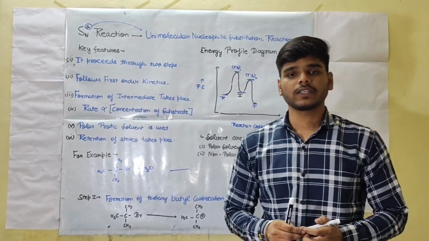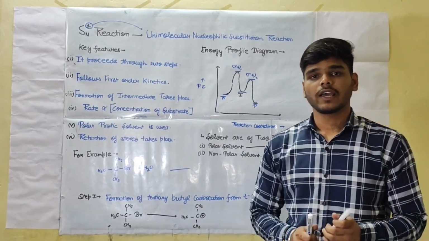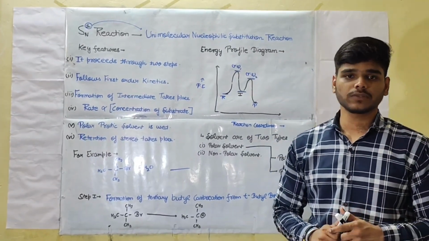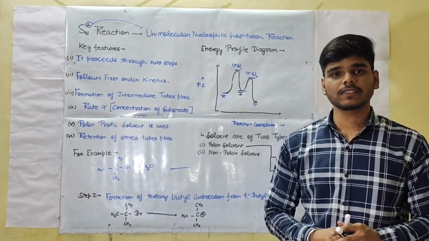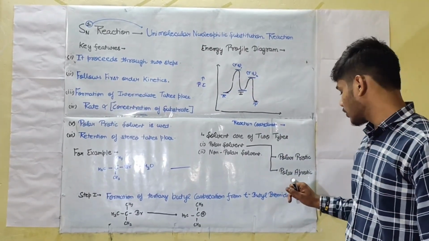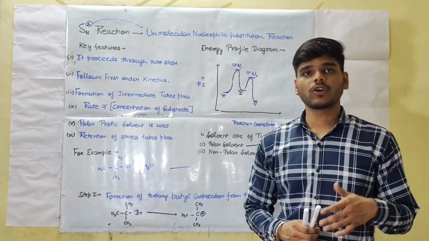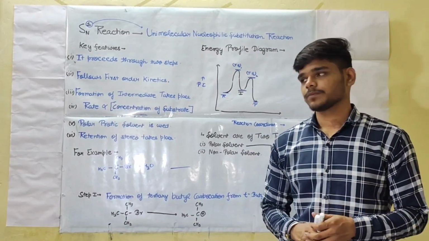So polar protic solvent consists of H plus ion in the solution, or it releases H plus, whereas polar aprotic solvent cannot release its H plus.